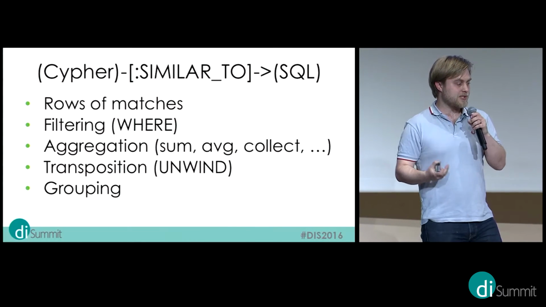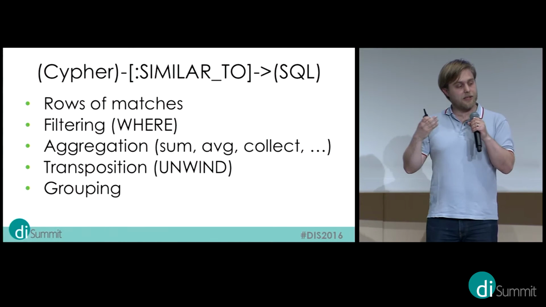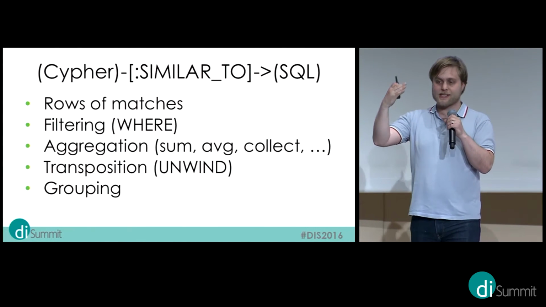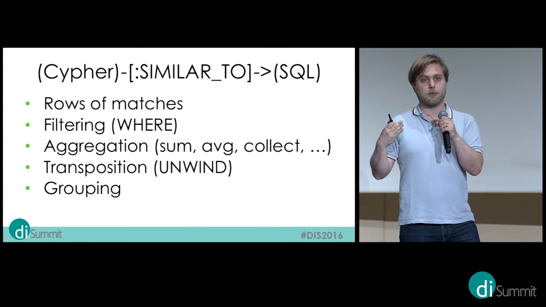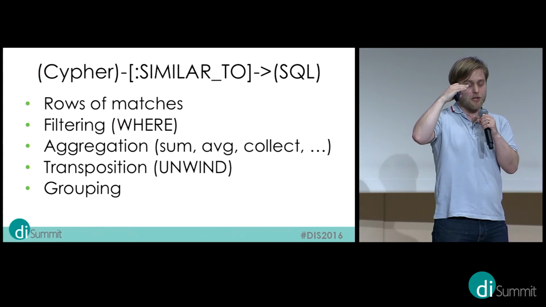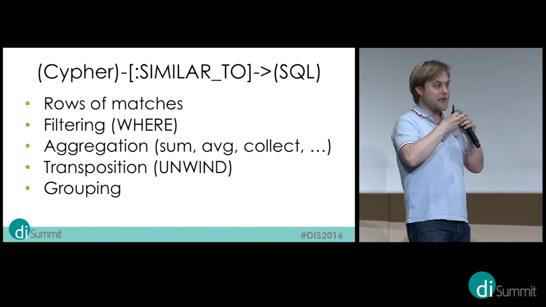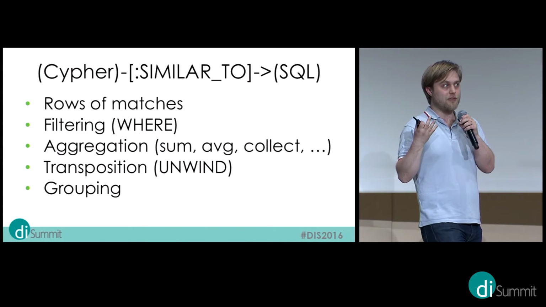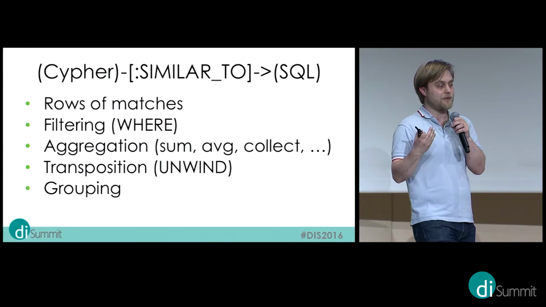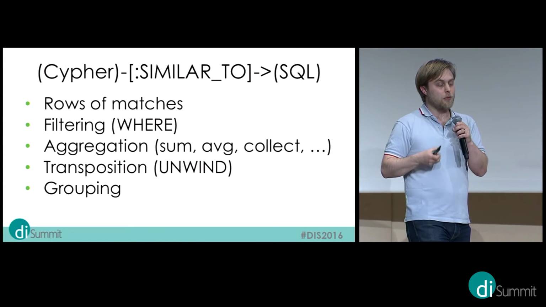I said that it's similar to SQL, and here are some of the cases. First of all, and most importantly, I think it's that Cypher has the same mental execution model to SQL, where you work with rows, where you can think of rows of matches. So for each instance of a pattern that's being matched from the graph, you get a row in the mental execution model. We also got filtering.